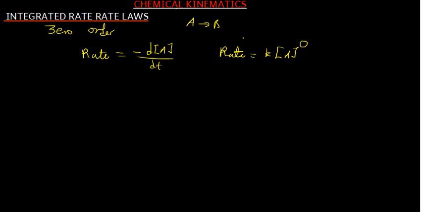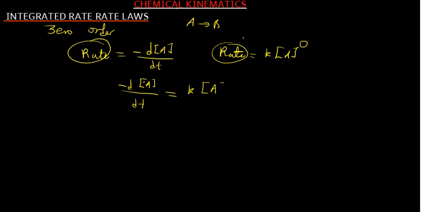And so what we are going to do is we are going to get negative d[A]. So we are using square brackets because we are representing concentration, over dt. And this should be equal to, because this is rate, this is also rate, then it should be equal to K[A] to the power 0.